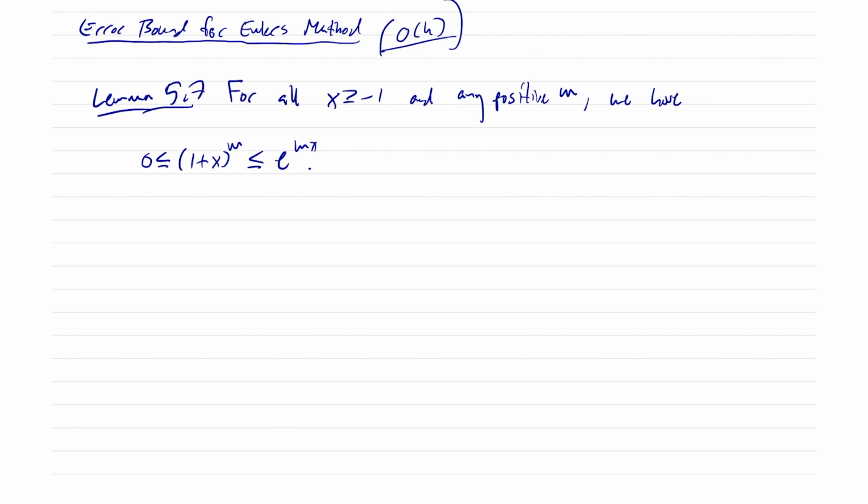All right, so let's go ahead and prove this. This is a really fundamental result and bound that's used a lot in analysis, and so we can go ahead and use it here. Basically, we're going to use Taylor's theorem on e to the x, and then we're just going to be smart and exponentiate.